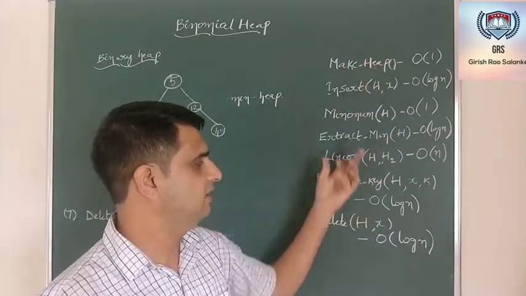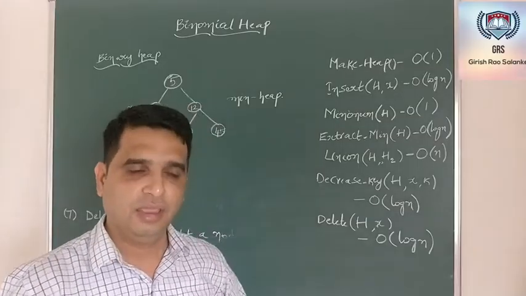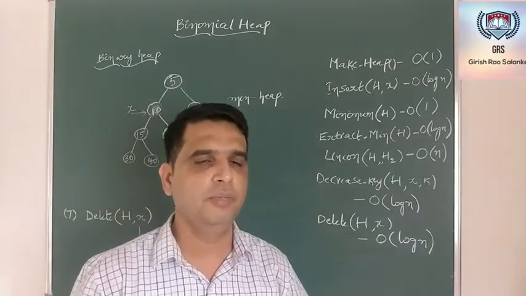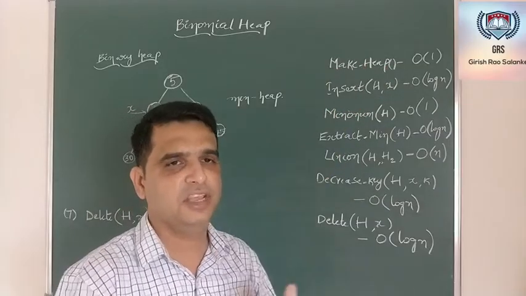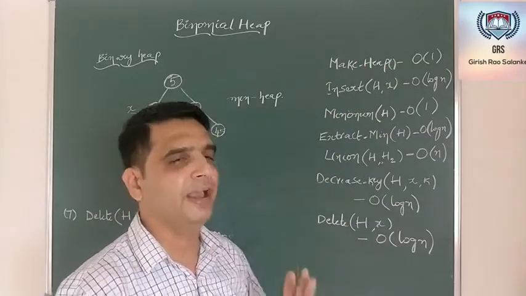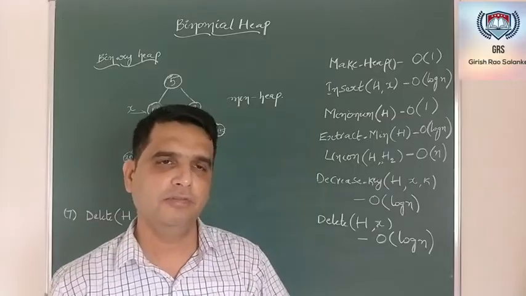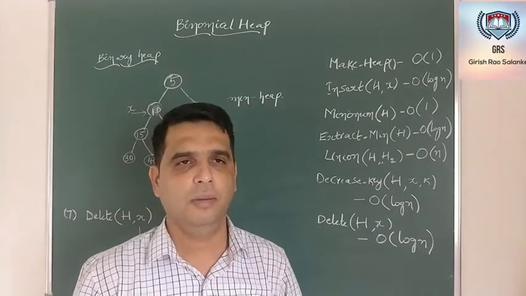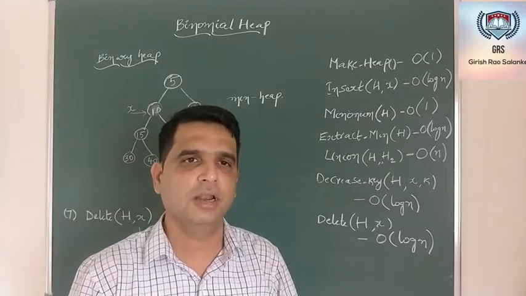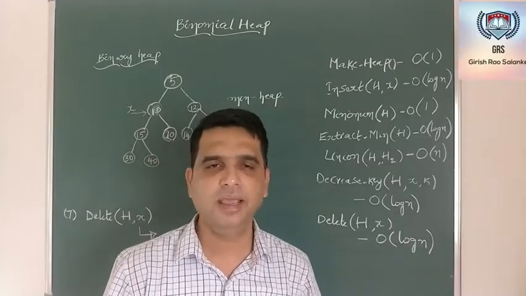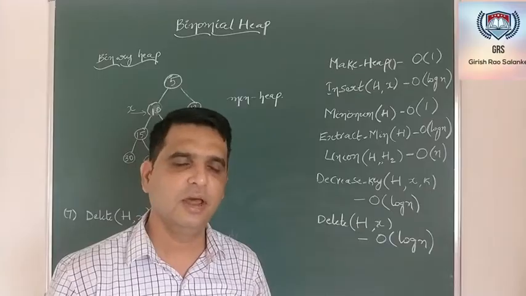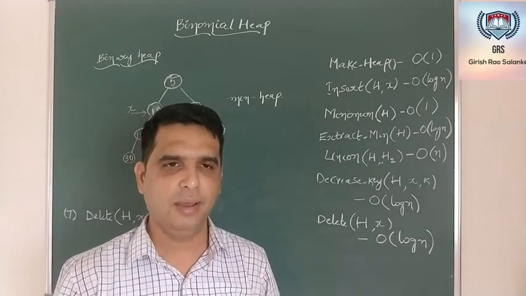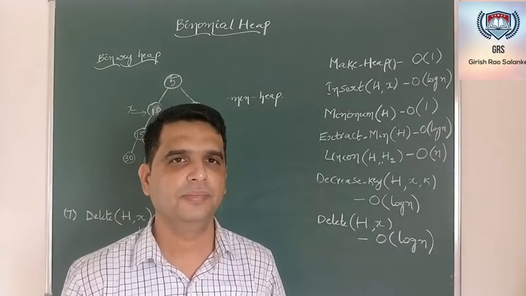Why I listed this operation is that in the case of the binomial heap and the Fibonacci heap, we perform this same operation, and we give a comparison of which heap is better and which operation on those heaps takes less time. Hope this was clear. With this, we'll move on to what we mean by a binomial heap.